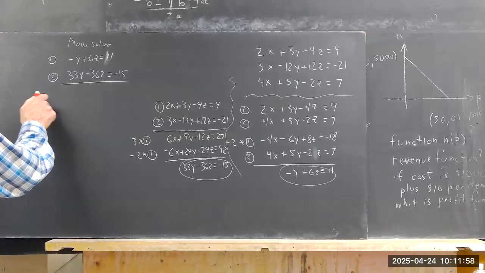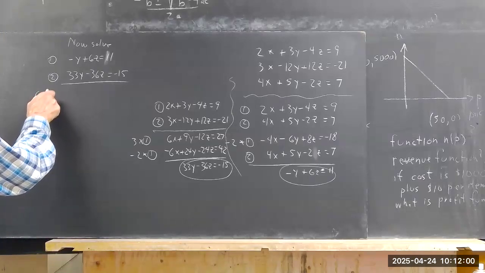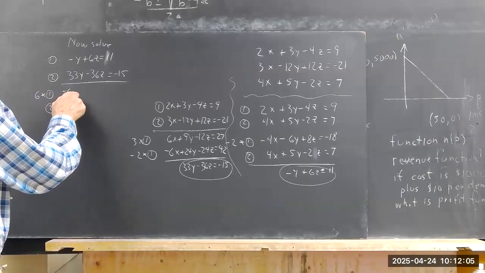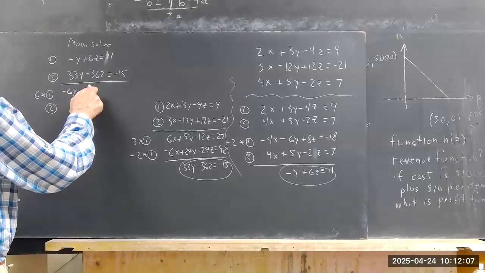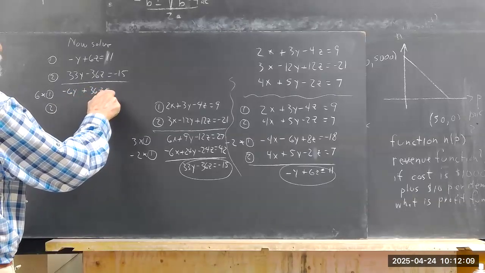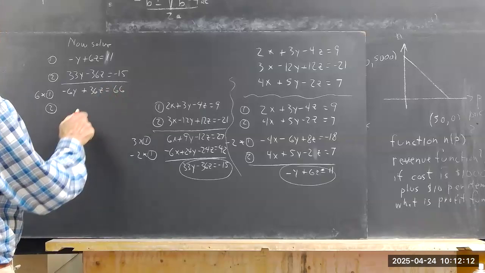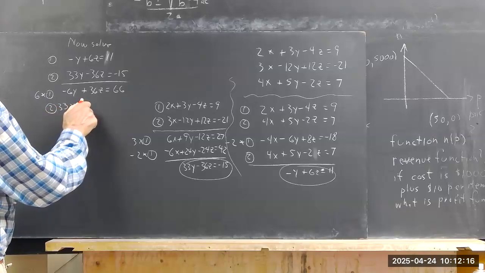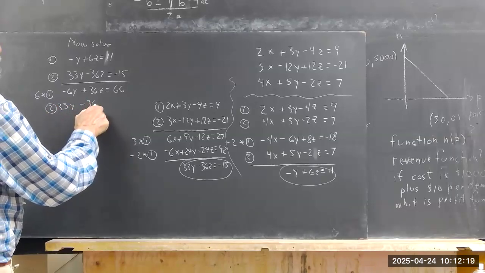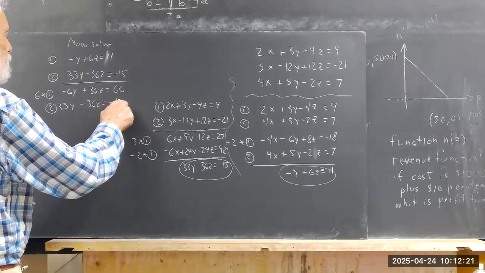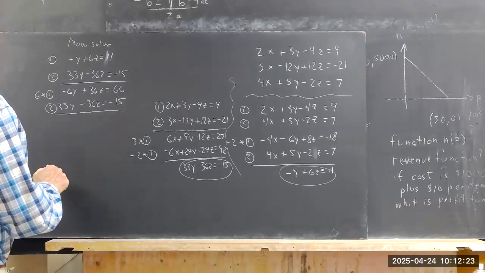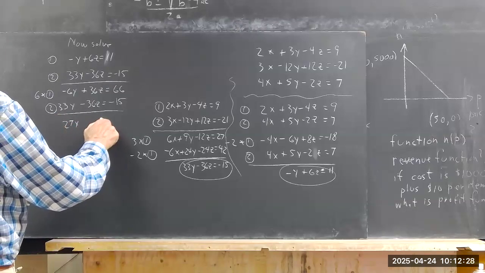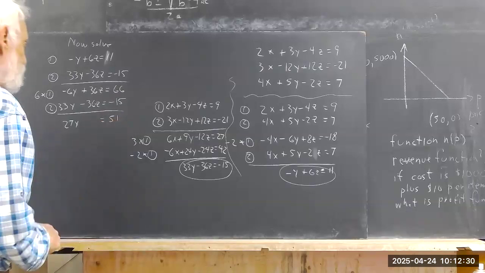So 6 times equation 1 gives us -6y plus 36z equals 66, and 33y minus 36z equals -15. And that gives us 27y equals 51.